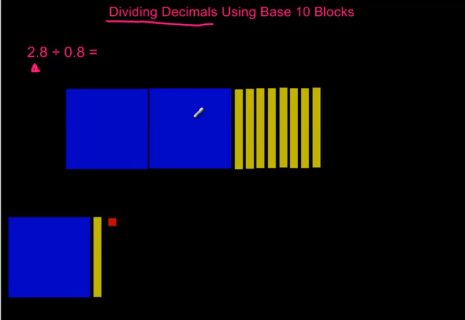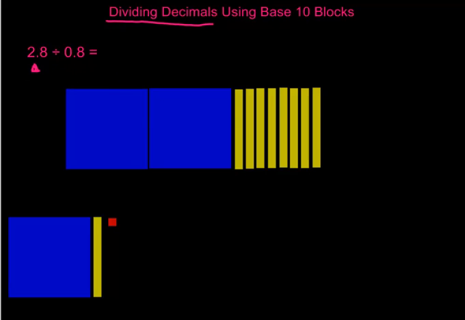There are basically 10 of these yellow base 10 blocks that make each blue flat block, right? So we're just going to do a quick exchange here, all right?